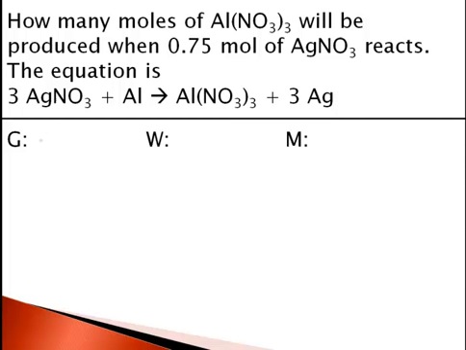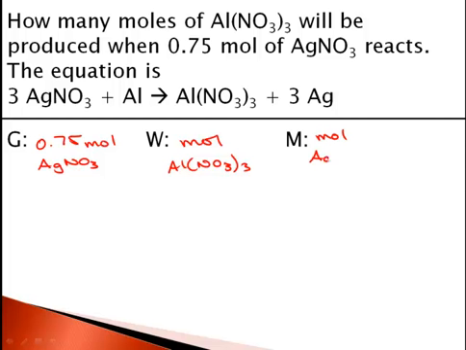In this problem, we're given 0.75 moles of silver nitrate. We want moles of aluminum nitrate. So we'll go from moles of silver nitrate to moles of aluminum nitrate. And to do that, we'll use our mole ratio.